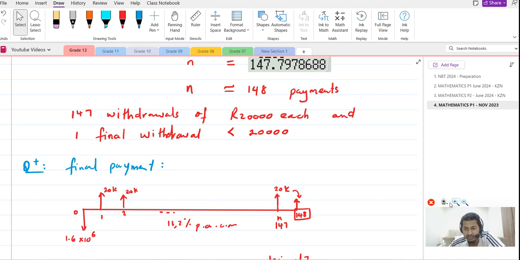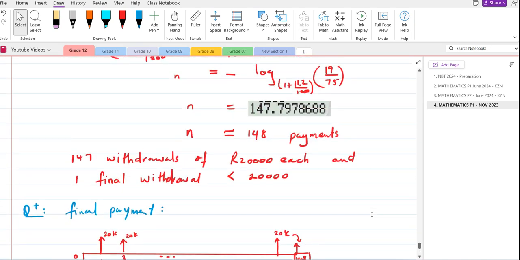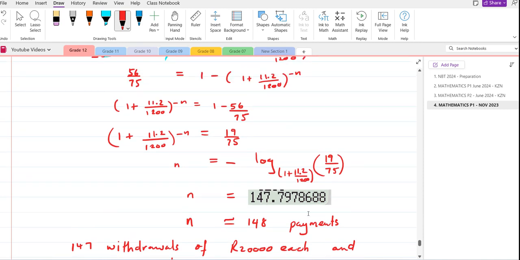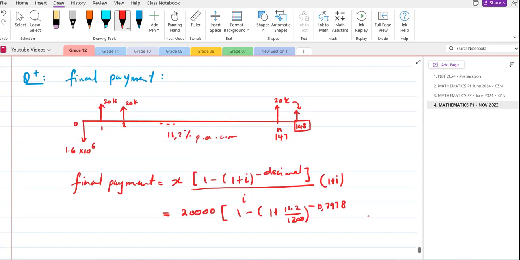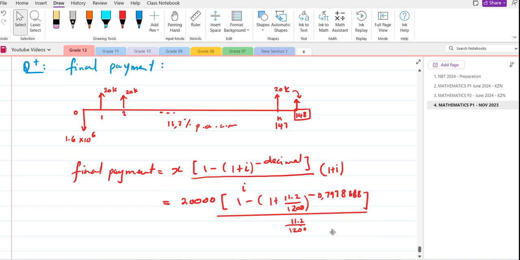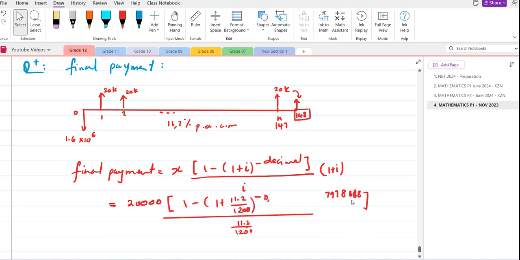0.7978688. Divided by the interest rate, which is 11.2 over 1200, and then multiplied by this interest factor here, multiplied by 1 plus 11.2 over 1200.